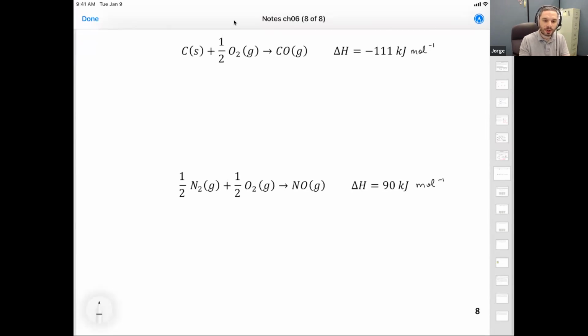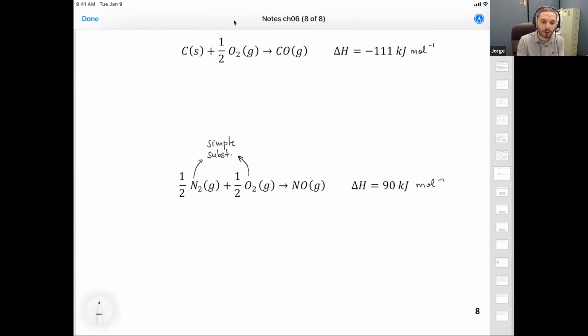So we always start identifying if there are simple substances. Remember that a simple substance is a substance formed by only one kind of element. In this case, nitrogen is a simple substance, and also oxygen is a simple substance.